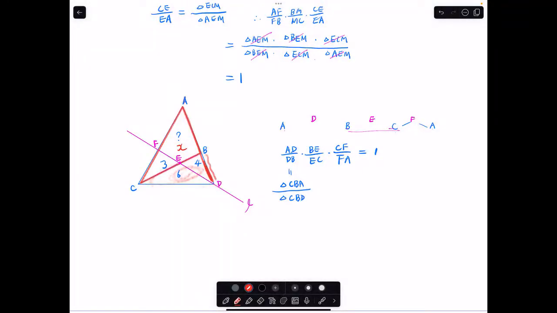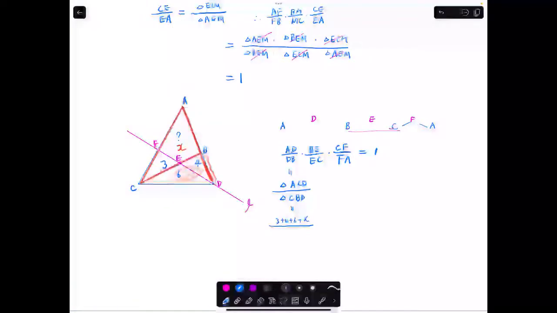Of course, you can plug in the values here. AD would be the whole thing, ACD, the triangle. This should be the triangle ACD. ACD is going to be the total of the area, which is 3 plus 4 plus 6 plus X, over CBD, which is 10, 4 plus 6.